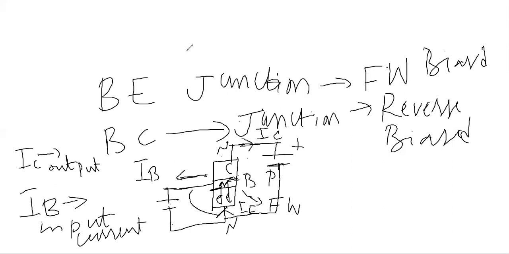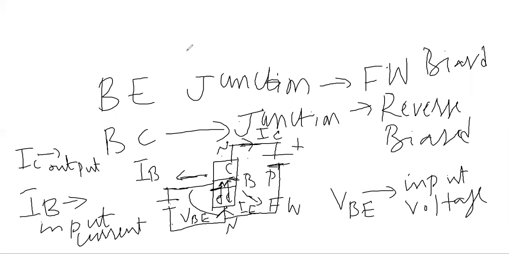One is VB, the input voltage, and the other is VCE, the voltage between collector and emitter, known as the output voltage.